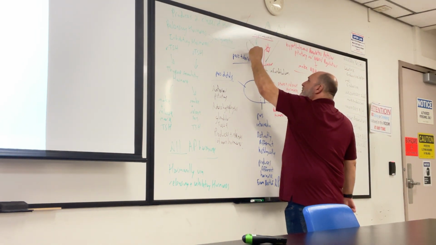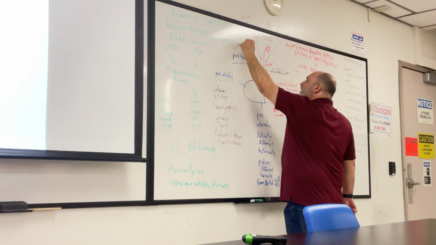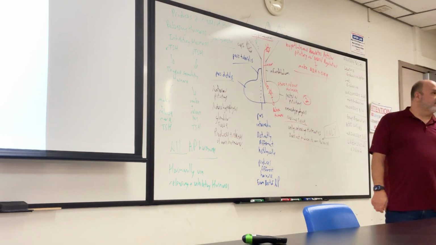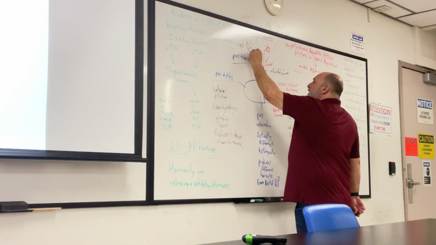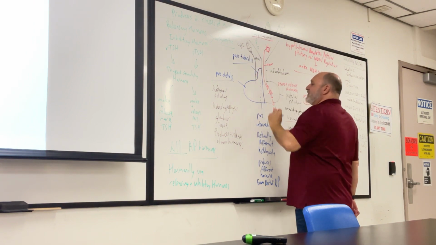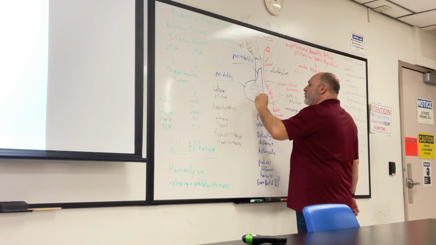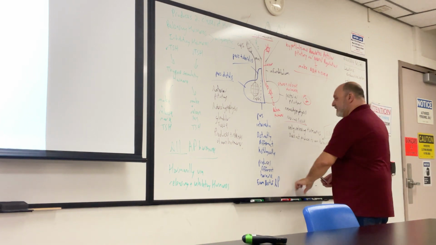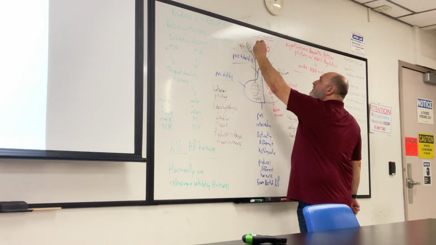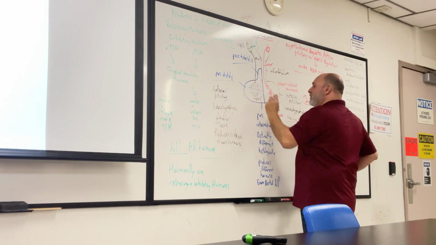Basically, these hormones are released into a capillary, and we'll call it capillary 1. That capillary then has a vein coming out of it that brings it to the anterior pituitary, where we have capillary 2. So basically, our hypothalamus hormones enter, and then they exit here.